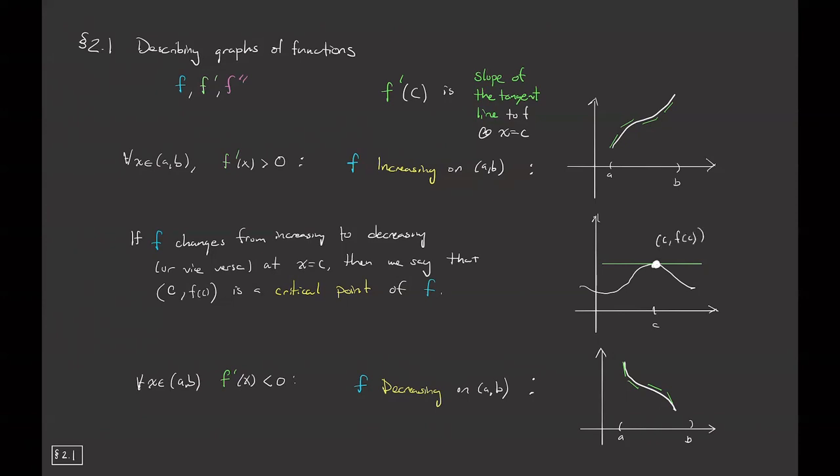So that's that point there. We say that is a critical point of f. Now, the important thing is just to note that it's where we go from increasing to decreasing or decreasing to increasing. We could have called it a variety of things, but it happened to be that the current standard is to call it a critical point.